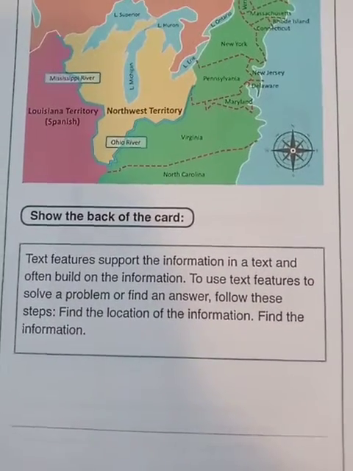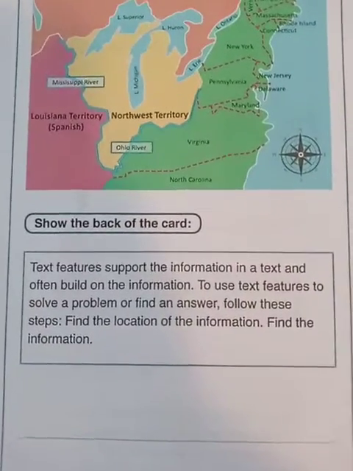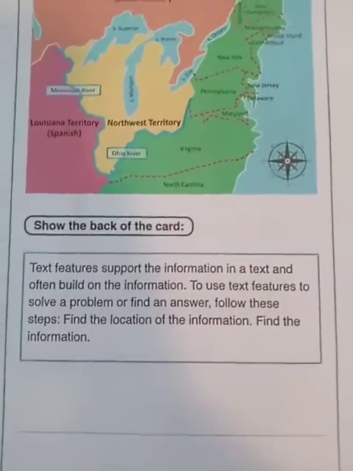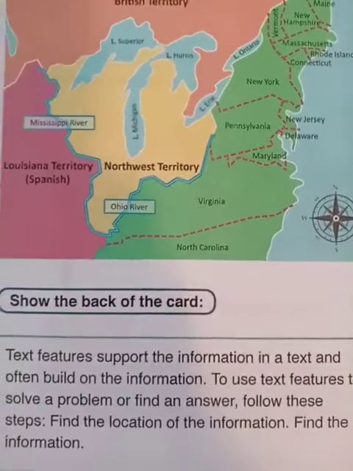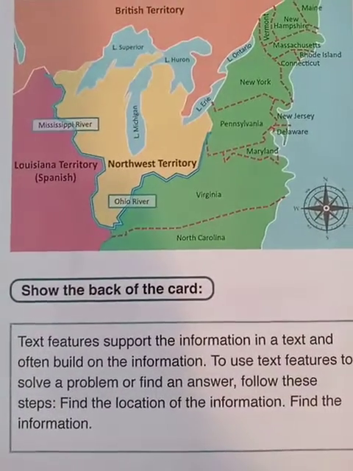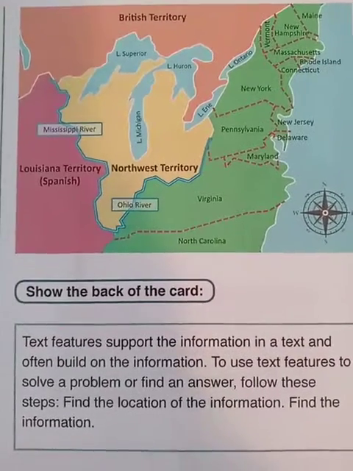To use text features to solve a problem or find an answer, follow these steps. Find the location of the information and find the information. So they may ask you what area of the map is closest to the Ohio River.